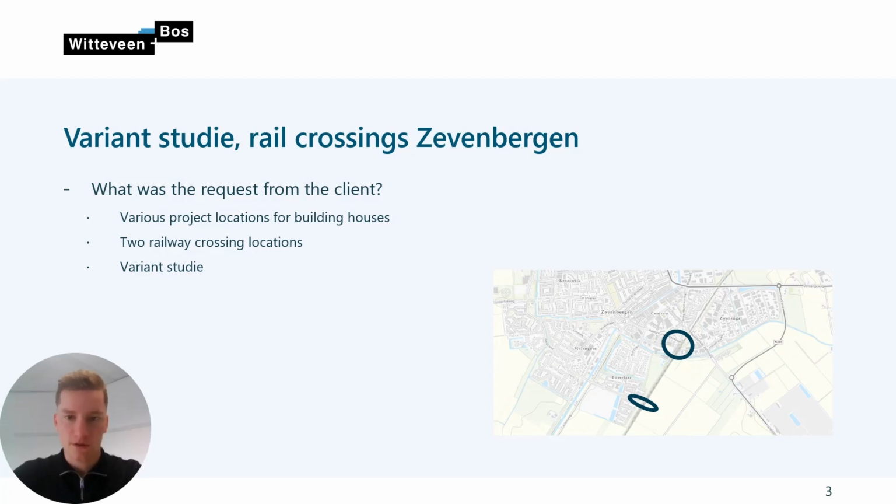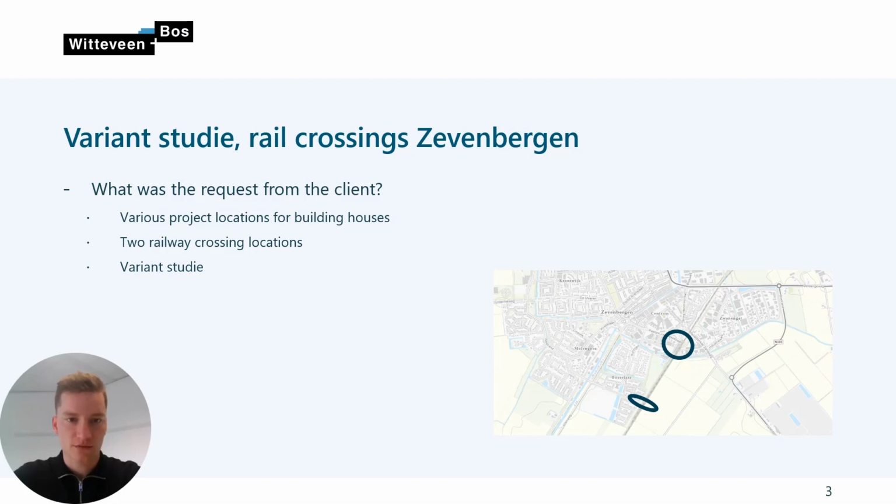So our client wants to cross the railway at 2 places, as you can see with the circles. The circle at the top is located at the station and the circle on the bottom is located at the new district. The big circle needed to be a variant study for slow traffic, like cyclists and people who were walking.